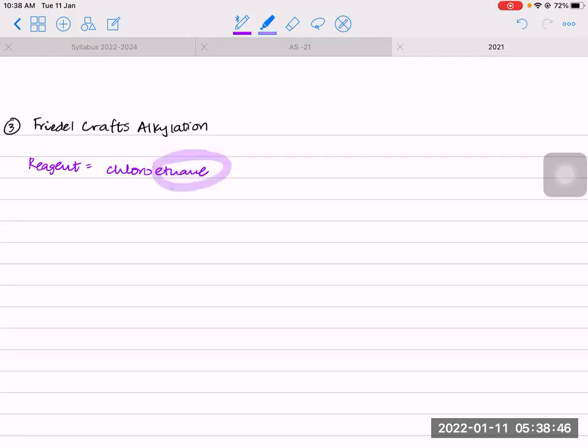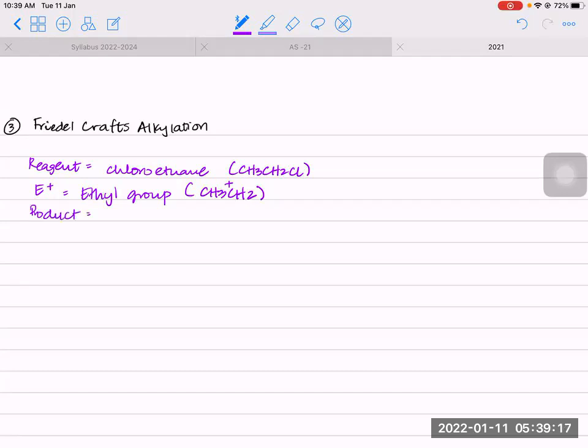Because from chloroethane you will get ethyl. Yes. What is chloroethane? CH3CH2Cl. What will be your electrophile? Your electrophile will be your ethyl group, which is CH3CH2+. This is your electrophile. Yes, the Cl will be lost and the positive charge will come on the carbon attached to the Cl.